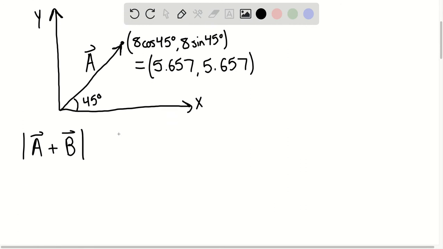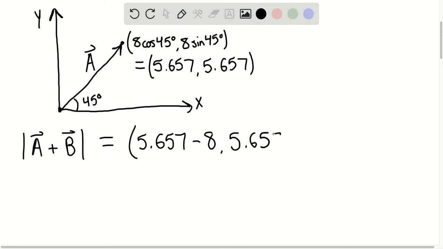So essentially, from the origin, we would end up at 5.657 minus 8, comma 5.657. Again, there is no y component to vector B.